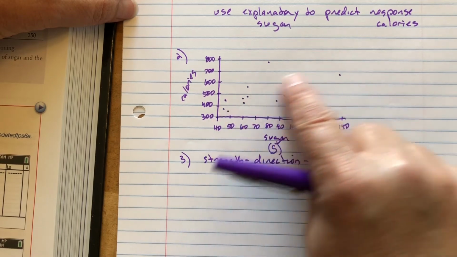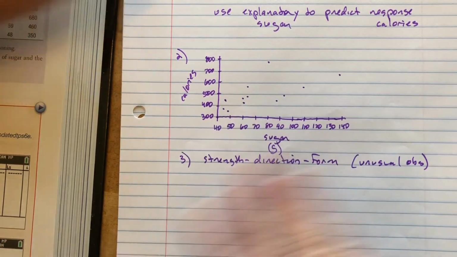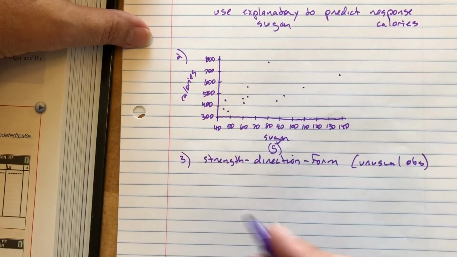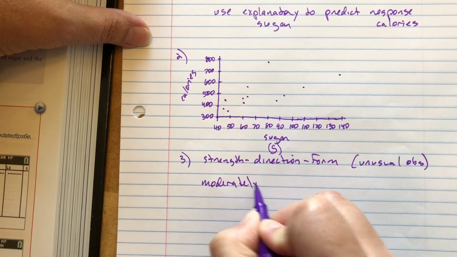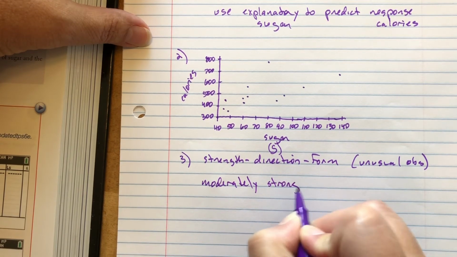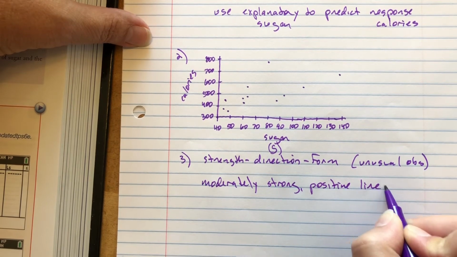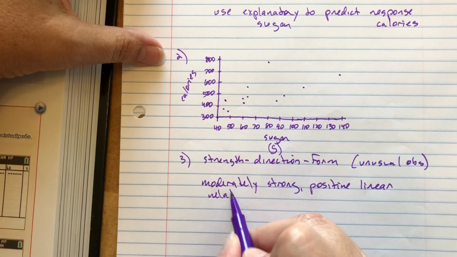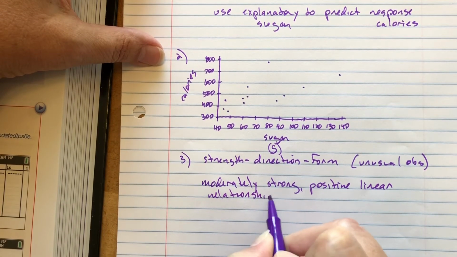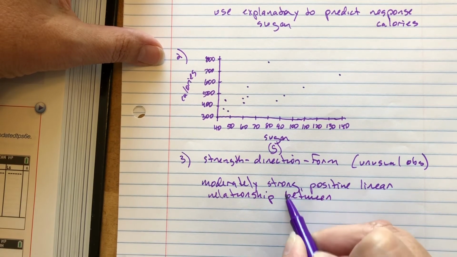I think it's moderately strong. It's not a super straight line, but when I look at it, my eye does go up. So I'm going to say moderately strong positive linear relationship between, and then list the variables.